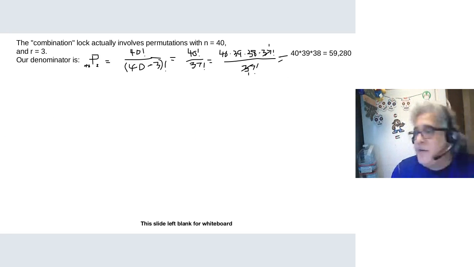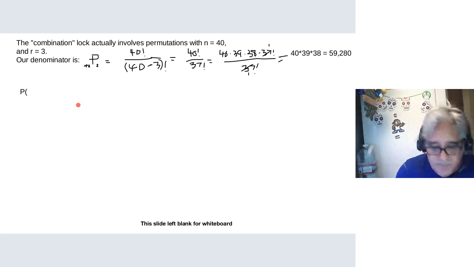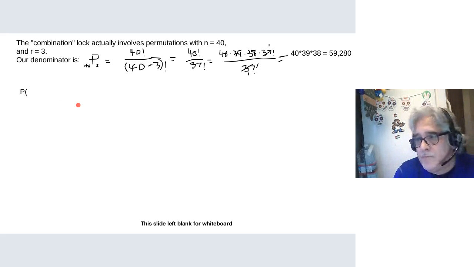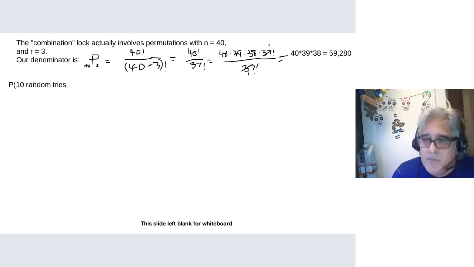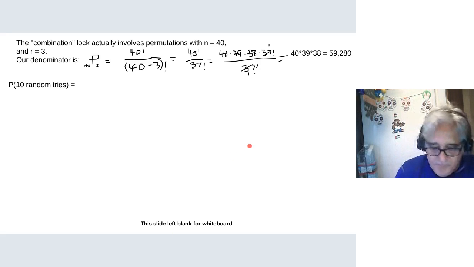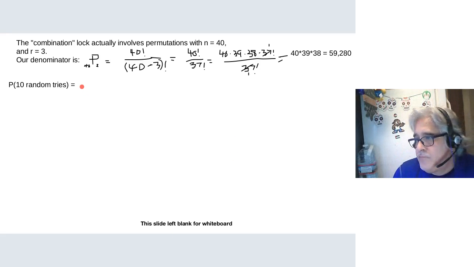So that's our denominator. All right. So your number, Captain, is going to be down here on the bottom.